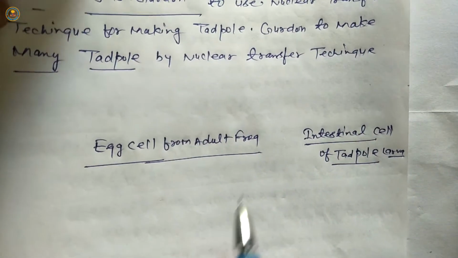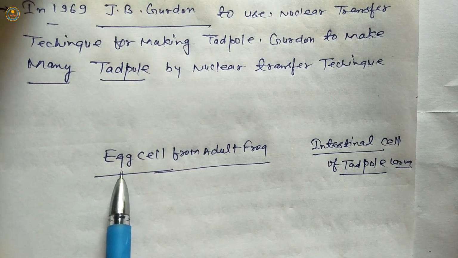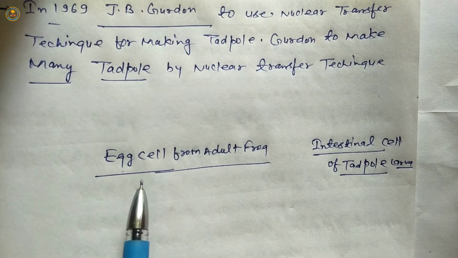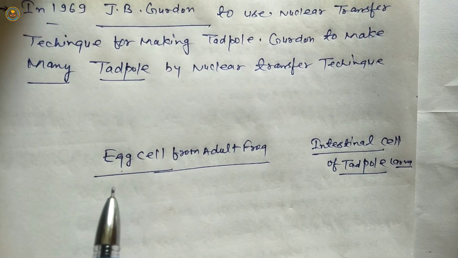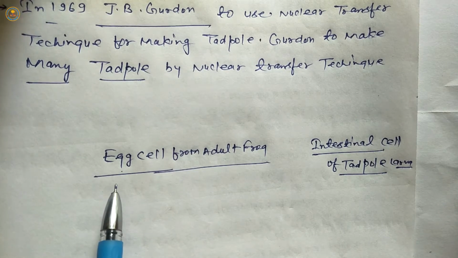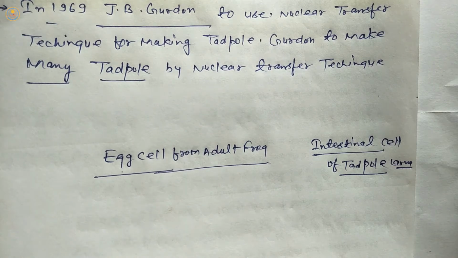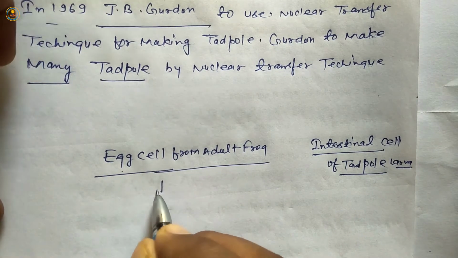Students, the egg is a haploid cell because it forms by meiosis division. But the intestinal cell is a somatic cell, it means a diploid cell.